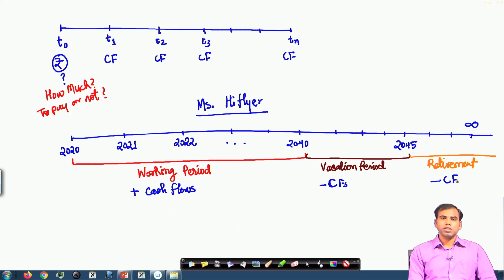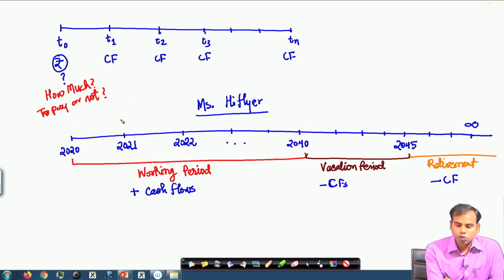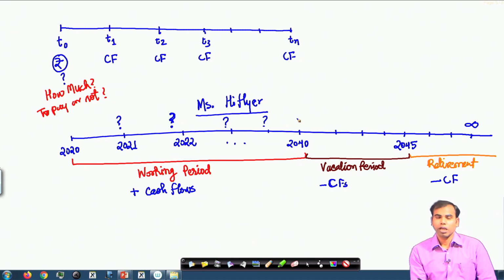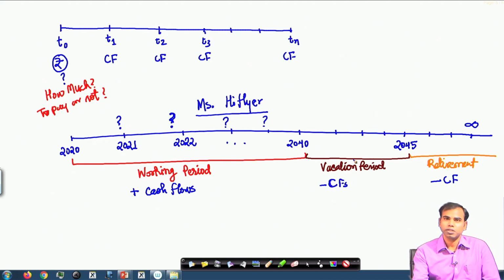Now, the problem here is, if she earns some money, she has to decide whether she will have enough for the vacation and the retirement after she ends up working. How much money should she save every year so that she will have a sufficient amount of money during her vacation period and retirement period?